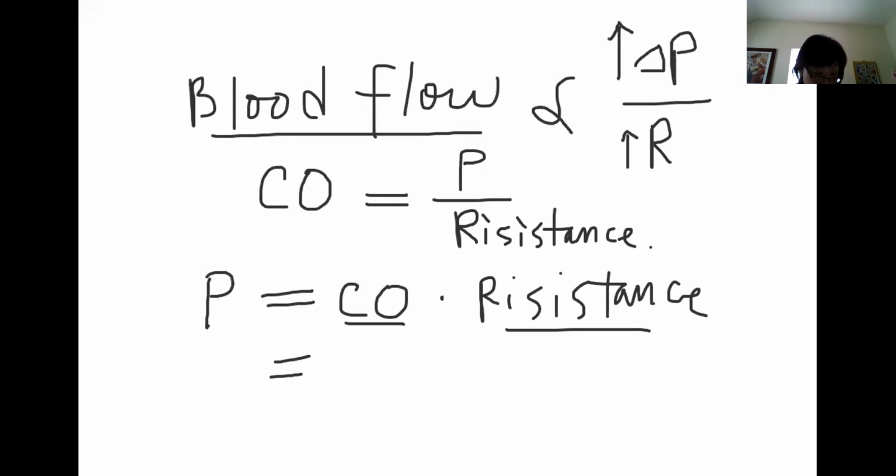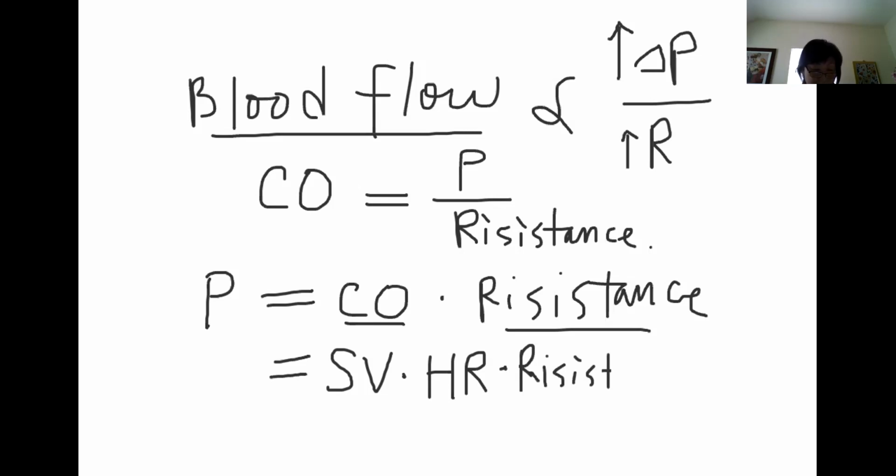And then we know the cardiac output equals to what, everyone? Stroke volume times heart rate. Yes? And then the next one is, again, the resistance. So if we talk about the blood pressure regulation, we can look at either the stroke volume, the heart rate, and resistance changes.